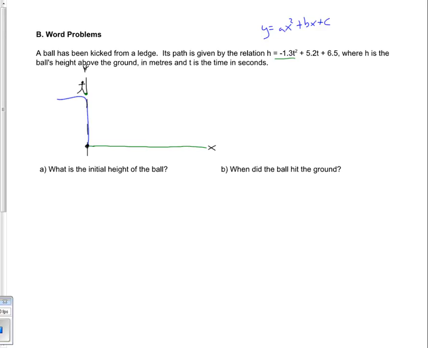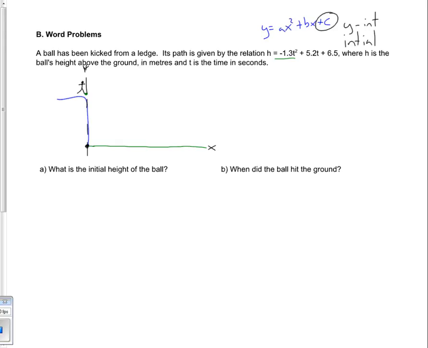So we know that the ball is starting at an initial height of some point, and because the equation is given to us in standard form, we can determine straight away that the c value is going to be the y-intercept. The y-intercept is also known as the initial starting position.